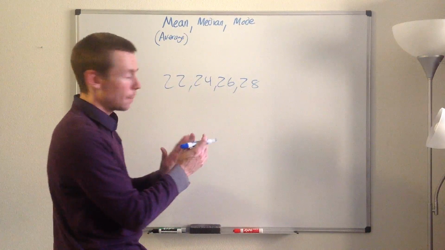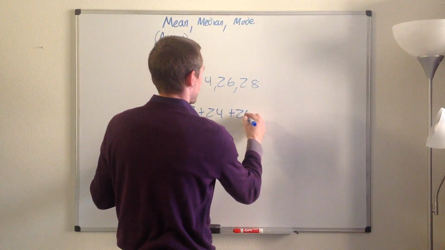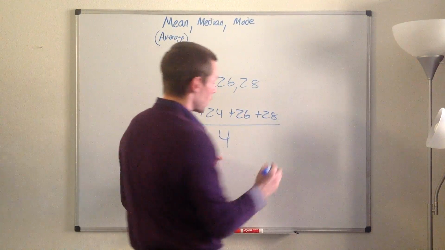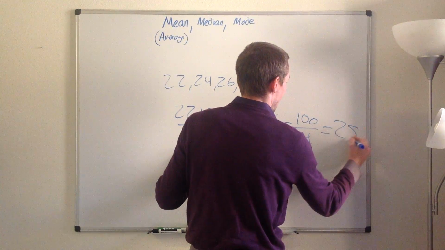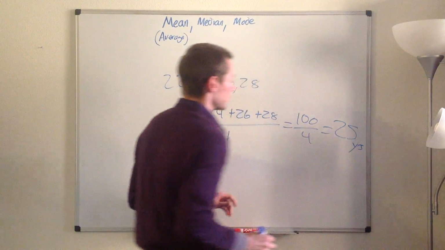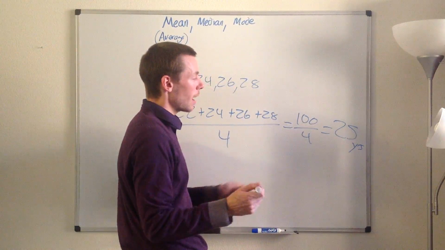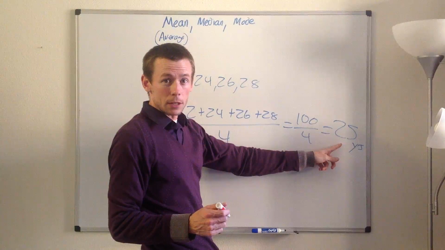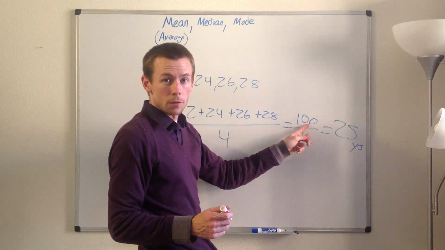Well, we added them all up, divided by 4, and got our answer of 25 years old. Okay, so notice that if I'm given the number of values and I'm also given the average, that can multiply to give me the sum total of all the values.